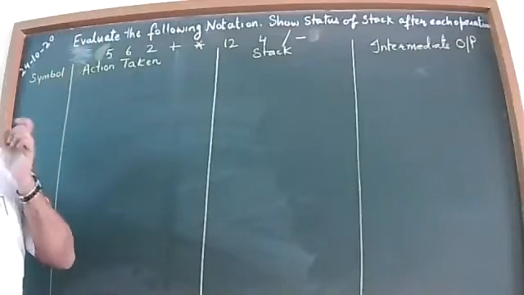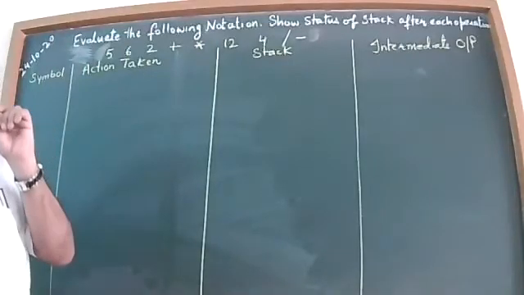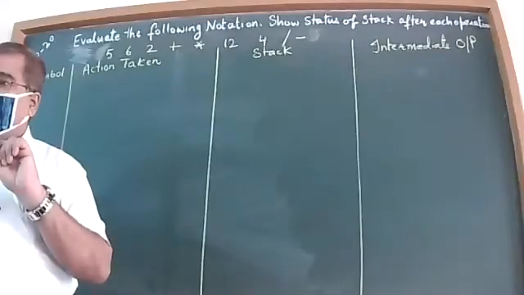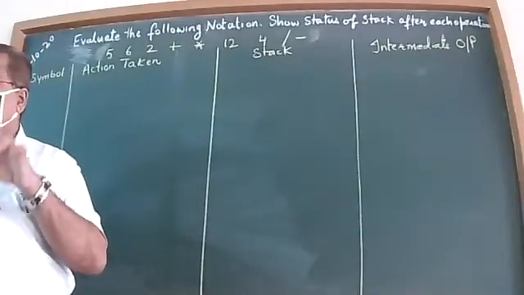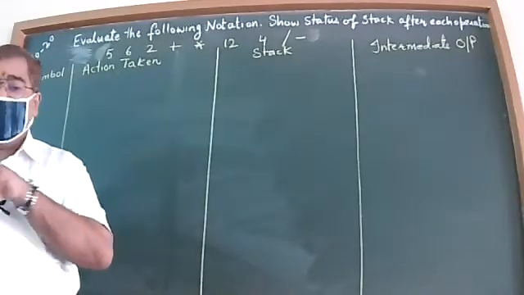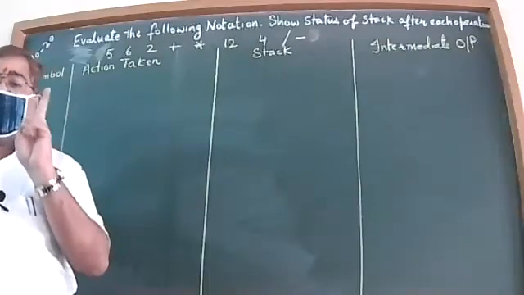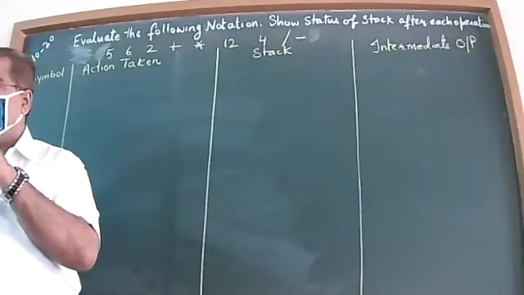When an operator comes, you are to check whether the operator is a binary operator or unary operator. Binary operator means operator which takes two values. Unary operator means which takes one value.